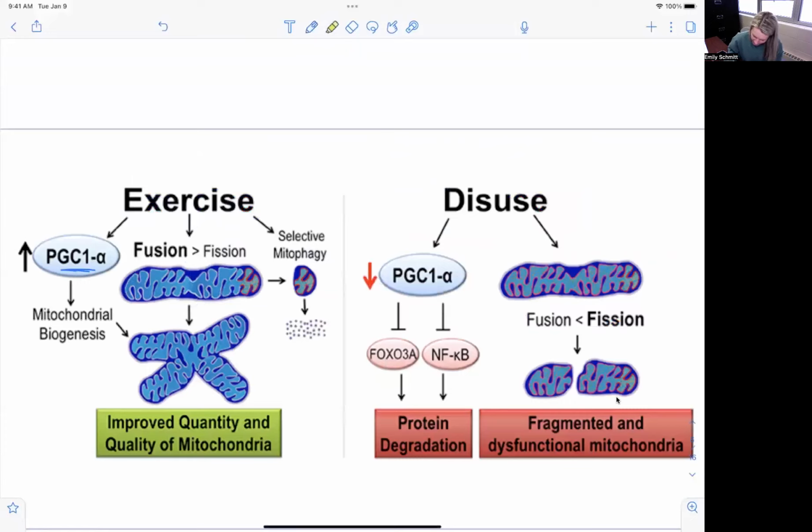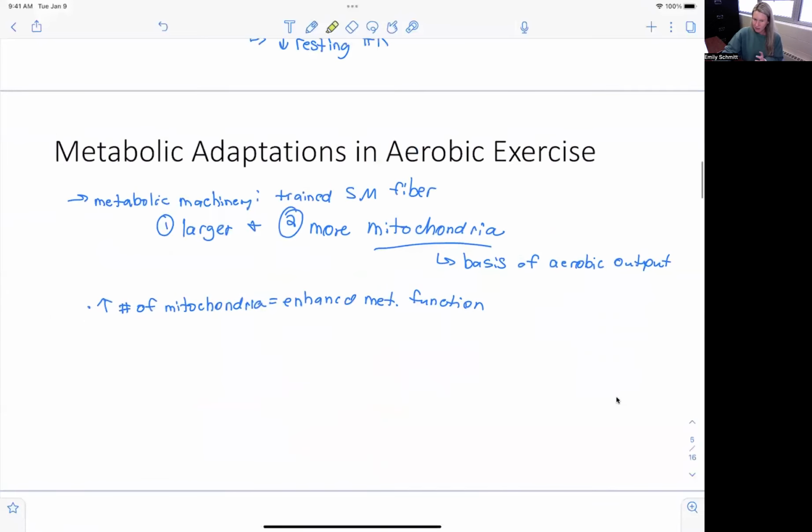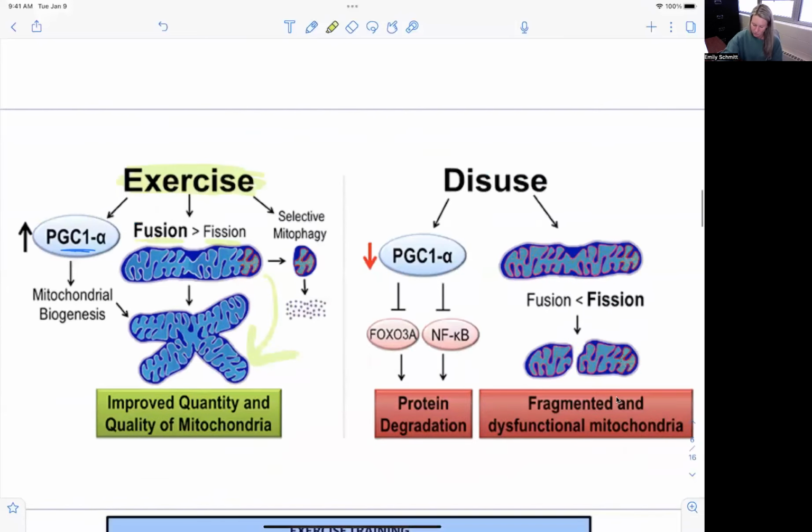So if we have exercise, if we are aerobically fit, if we are using our muscle groups and we are exercising aerobically, our fusion is going to be greater than our fission, which means that we will have improved quantity and quality of mitochondria, which is exactly what we stated up here, but this gives a little bit of a visual.